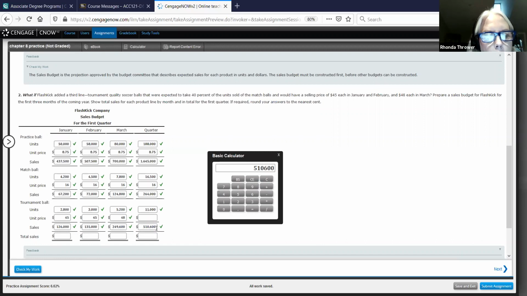Now, what I'm going to do is take this total sales in dollars and divide it by the total sales in units, and that will give me an average of the unit price or the selling price there. So I'm going to leave this in the calculator and simply divide it by 11,000.